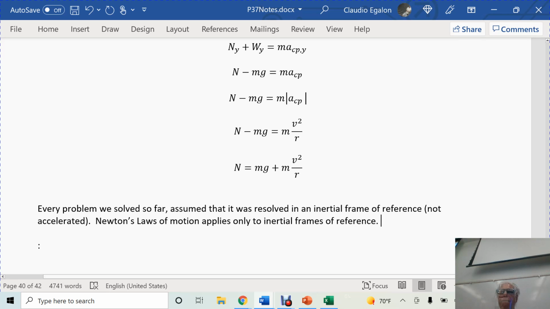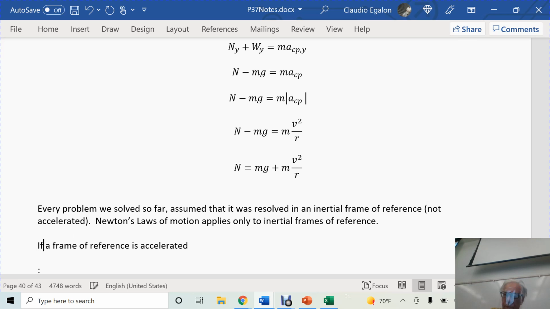Okay? If a frame of reference is accelerated, if your object is inside a frame of reference that is accelerated, Newton's laws do not apply.